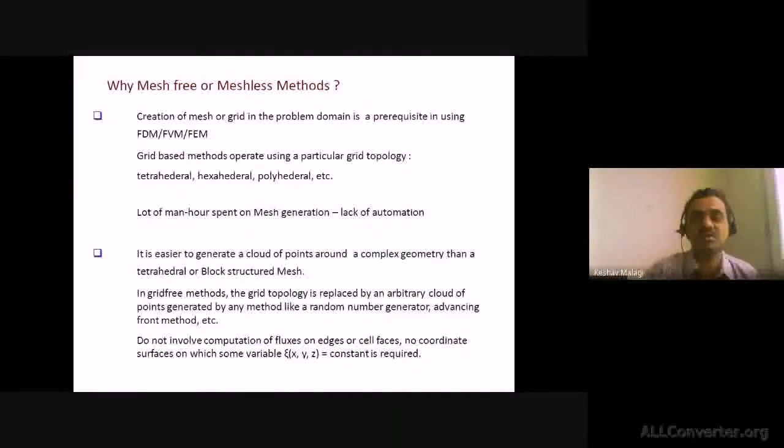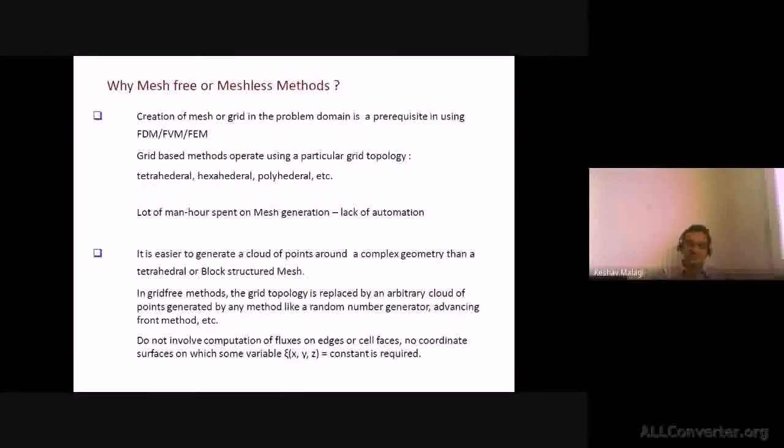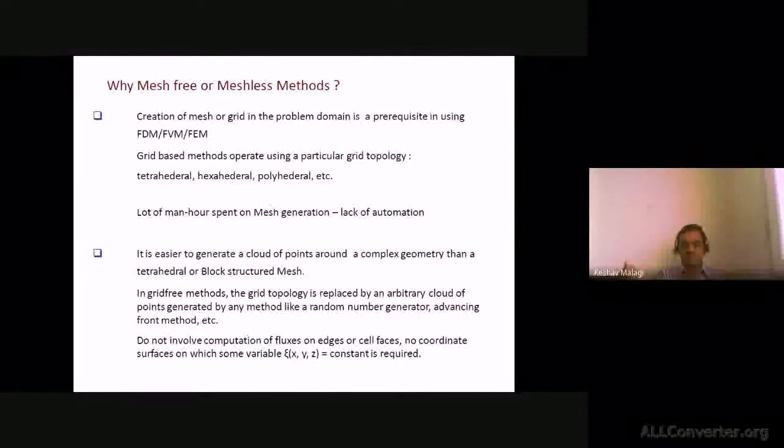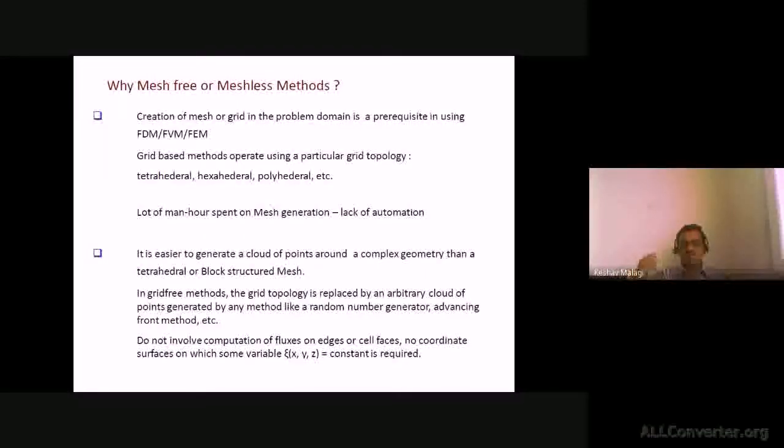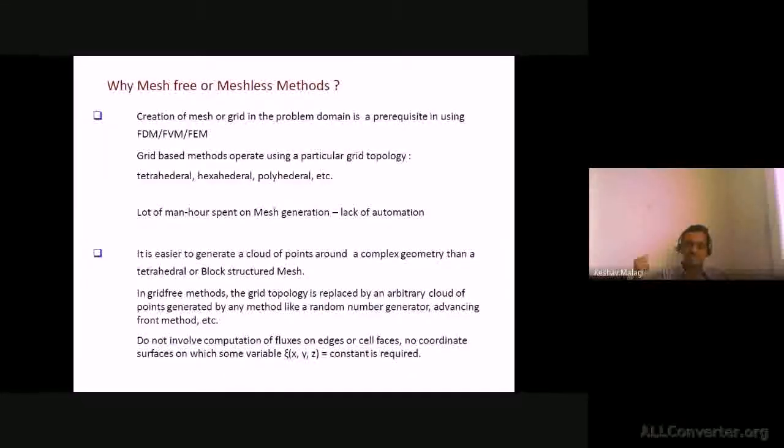So as you saw, I'm sure you will now appreciate these points which I'm going to make, which have been illustrated through pictures in the previous slides. Why is the mesh-free method required? Mesh is a prerequisite if you want to use FDM, FVM or FEM. You also have to worry about grid topologies, what kind of grids you are going to use, what is the accuracy because of that, and all such things.